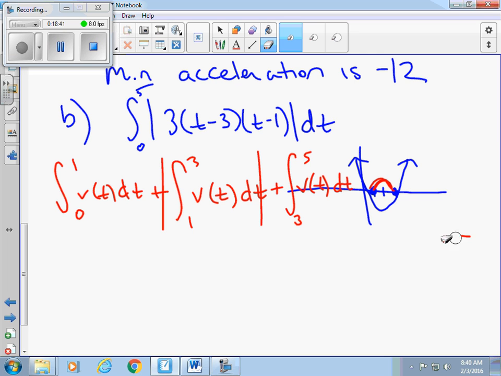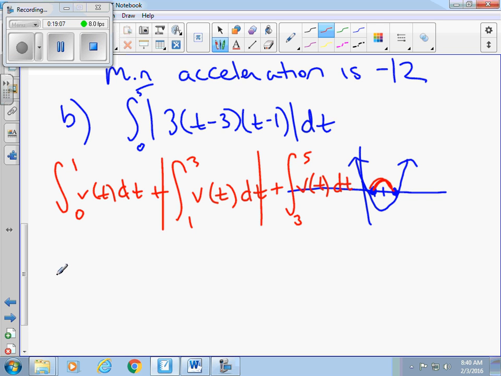Didn't we find the position at all the turnaround points and the endpoints? What is this integral going to give me? It's going to give me position at turnaround points and endpoints. Everyone agree with that? So same calculation, it's just a different way of looking at it.